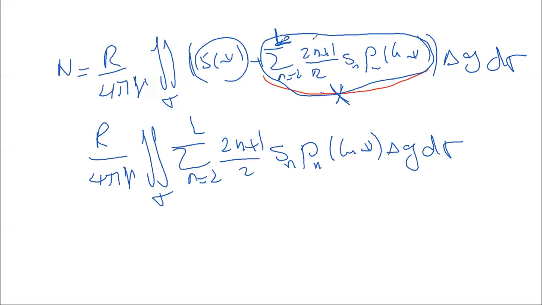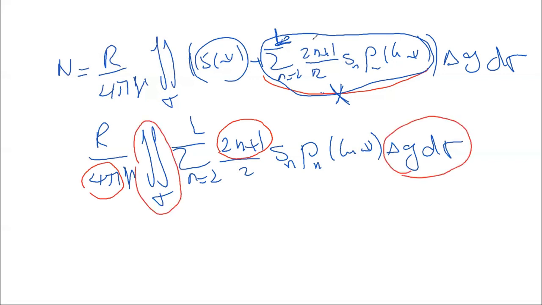We see 2n plus 1, we have a 4 pi behind, and we have an integral, and we have delta G and d sigma. I hope you remember this formula. Delta Gn is 2n plus 1 over 4 pi integral delta G Pn cosine. So that's the Laplace coefficients of the gravity anomaly.